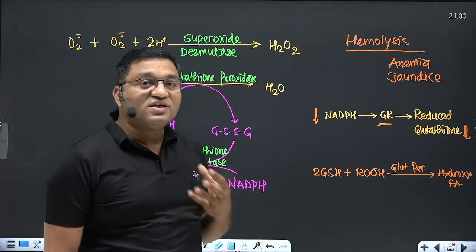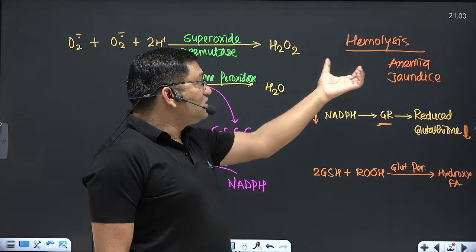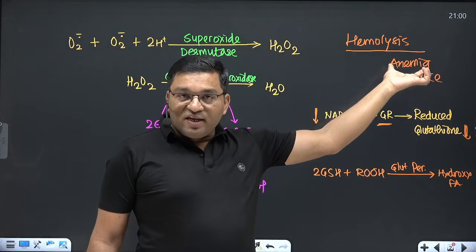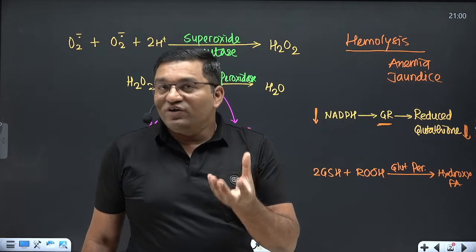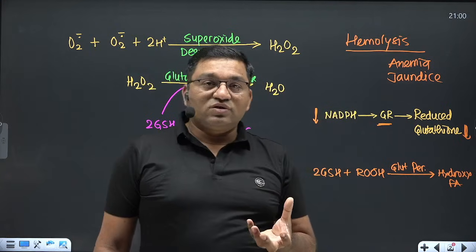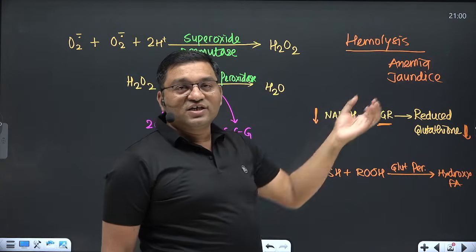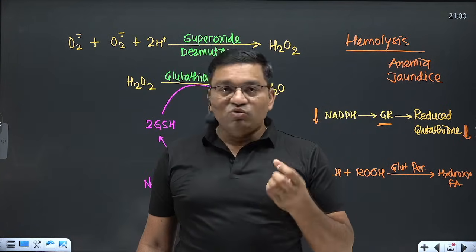Because of rapid destruction of RBCs, hemolysis occurs and there is anemia. The breakdown of heme will occur and bilirubin will be produced, which causes an increase in unconjugated, indirect bilirubin level.